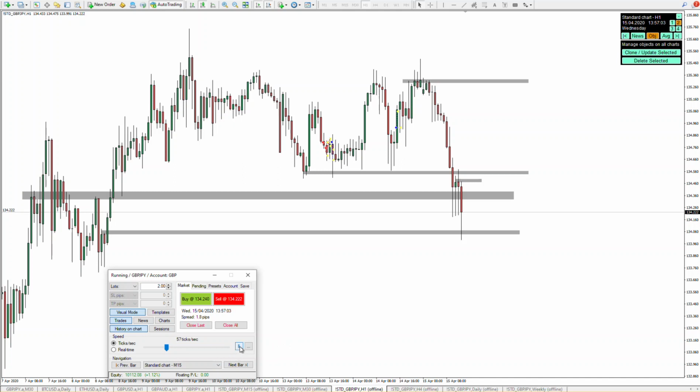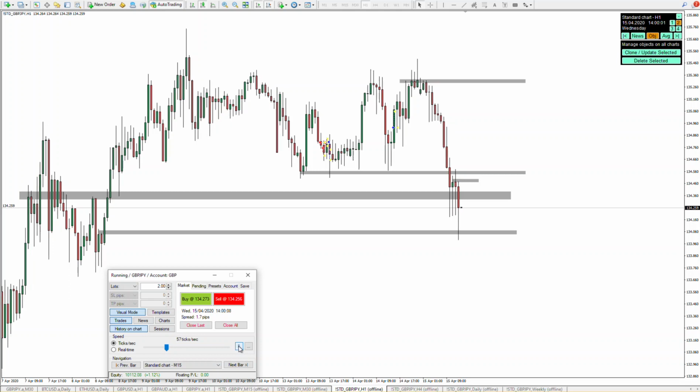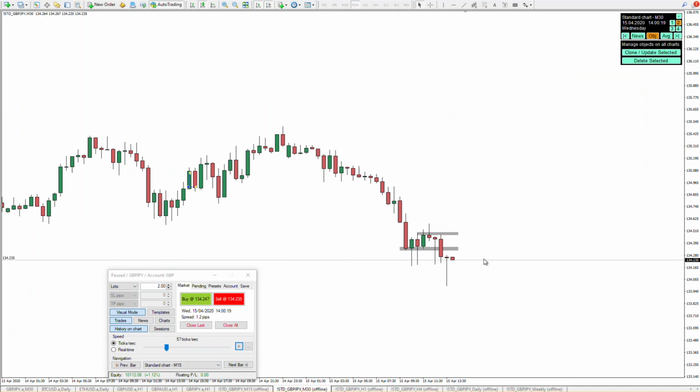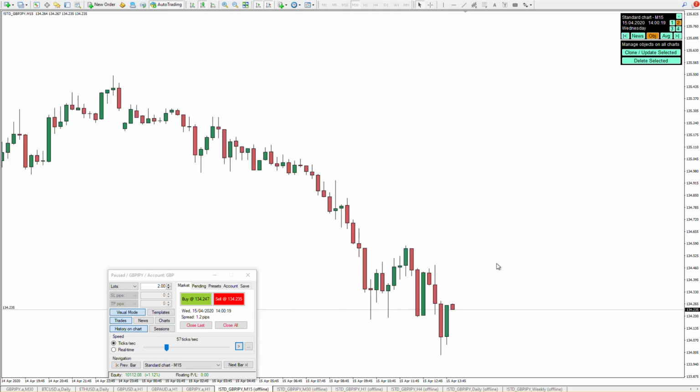Okay, the hourly is almost closing. 3 minutes. Hourly closed. Bearish. And M30 closed like a weak bearish candle. And M5 made support.